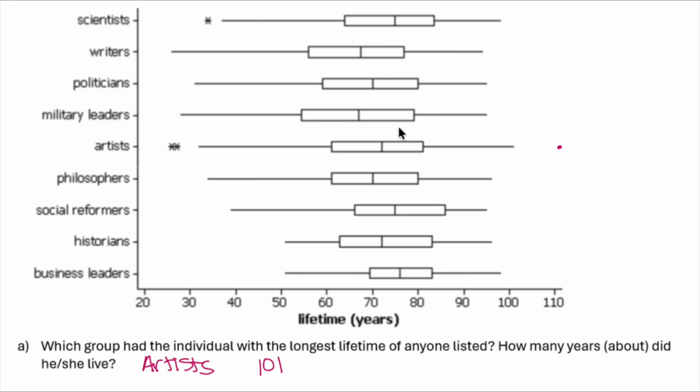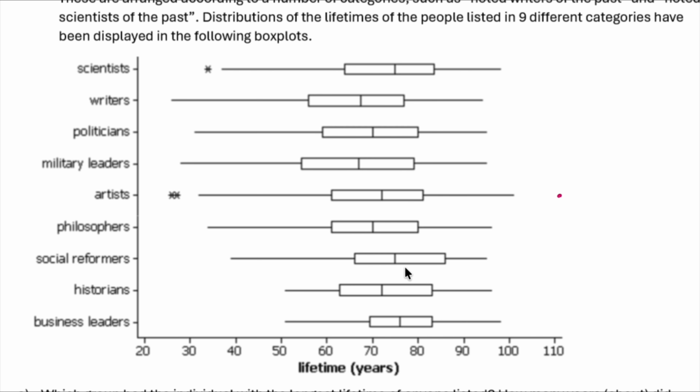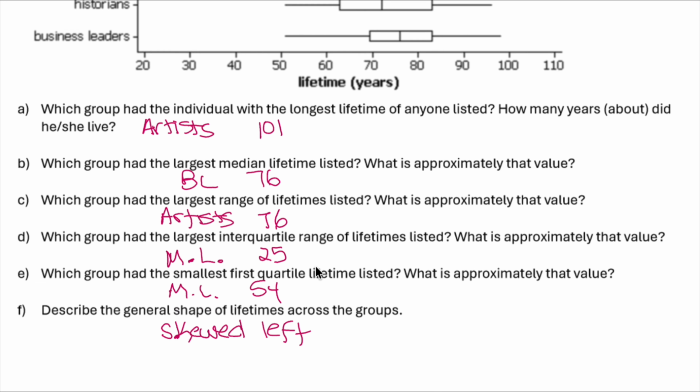In this case, it's going to be the military leaders. So military leaders is approximately 25, because Q3 seems like 80 or so, and Q1 seems like 55, so 80 minus 55 is going to be 25.